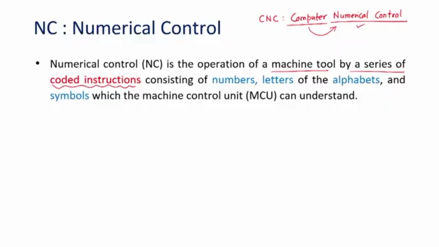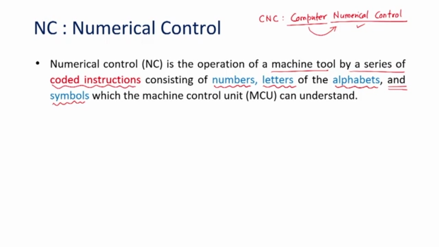What do these coded instructions have? They have numbers, letters, alphabets. These coded instructions are given in the form of numbers, letters and alphabets. They also have certain special characters or symbols as part of the coded instruction.